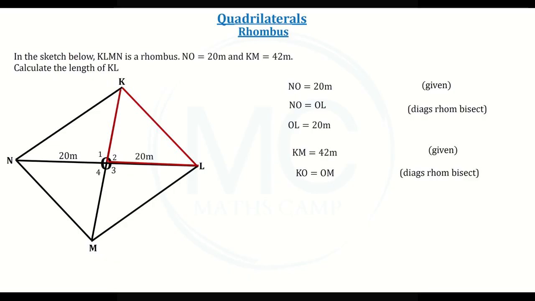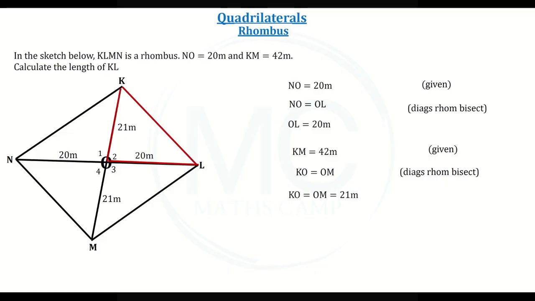So if KM is 42 meters long, then KO is equal to OM, and both of these must be equal to 21 meters. So in our diagram, let's put 21 meters in for KO and for OM.